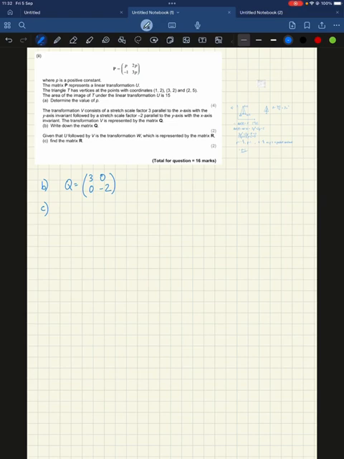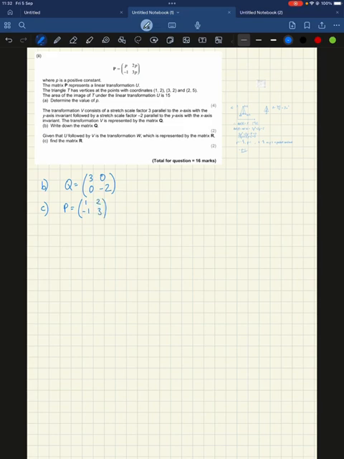Part C. Given that U followed by V is a transformation W, which is represented by the matrix R, find the matrix R. So transformation U was this matrix P over here, and the matrix P, we worked out P is equal to 1. So we can write P is equal to P, which is 1, minus 1, 2P is 2, 3P is 3.